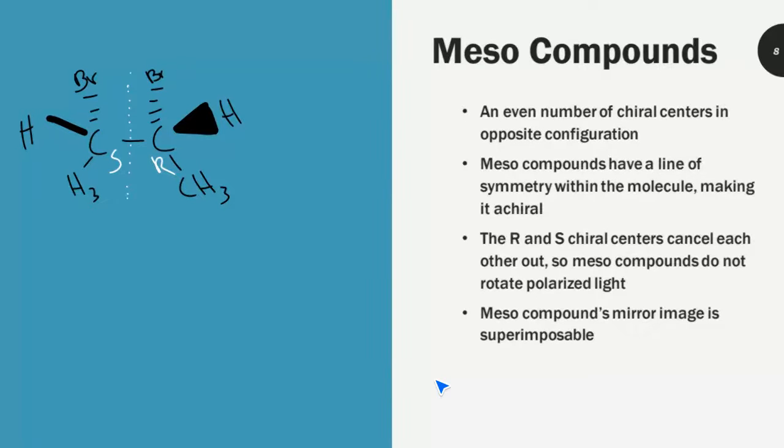And so even though they look nothing alike, if they're all R, they're identical. Because they have the same groups, but they weren't oriented the same. Right. And so that messed me up. So you just have to assign absolute configuration, put the lowest in the back, and then do your thing. And if they're R, they're identical. If they're S, they're not.